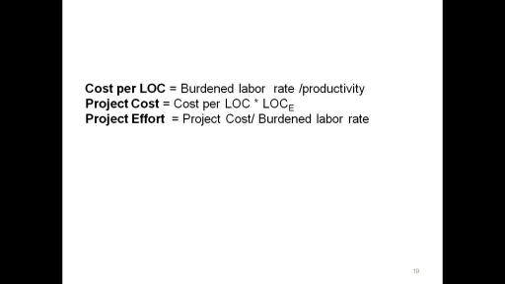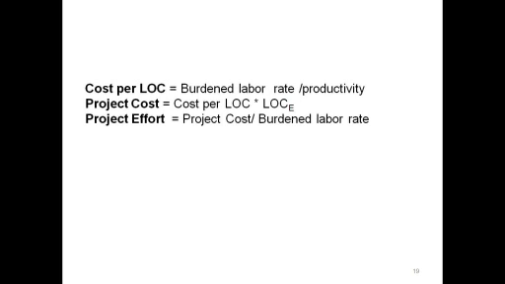Now the formula for us to calculate the lines of code: we have to consider the cost per LOC. On the cost per LOC, you have the burdened labor rate and productivity. So we will define these terms on the next slide. The project cost is an input from the previous formula.